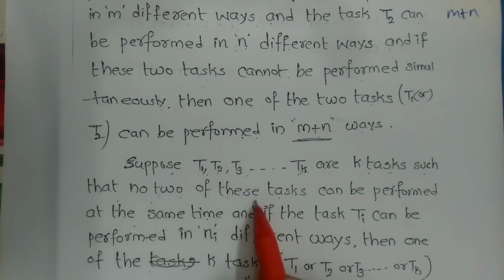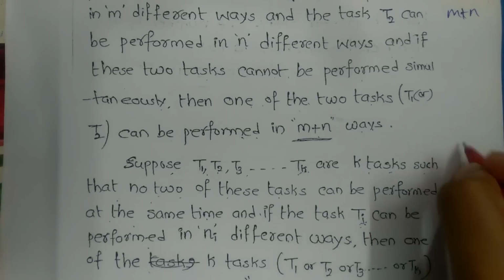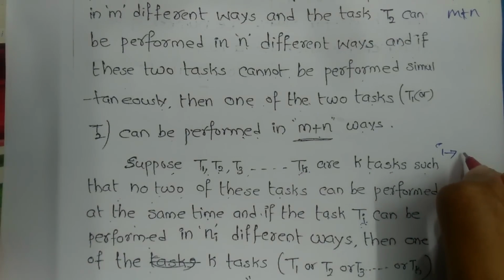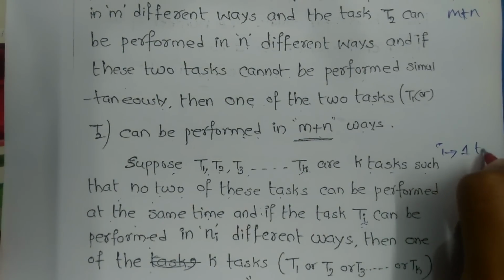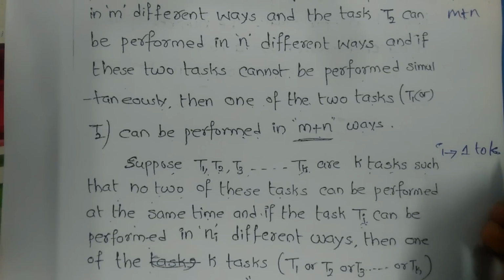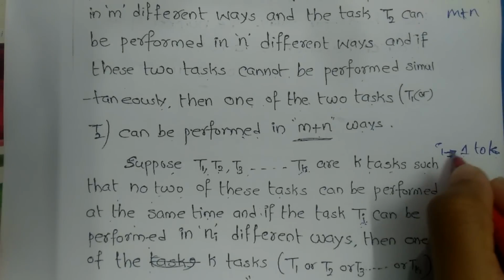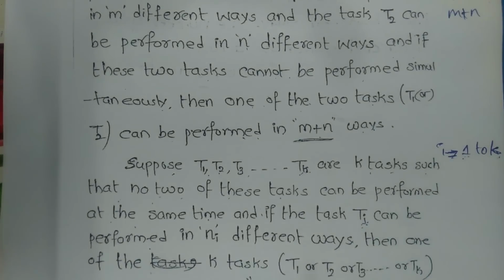If the task Ti can be performed in ni different ways, here i is a variable that varies from 1 to k, and k may be any value, either 2, 3 or 10 and so on.